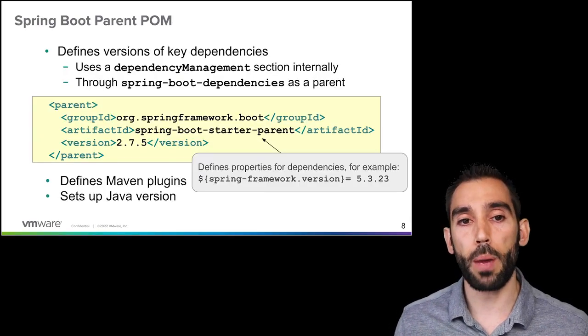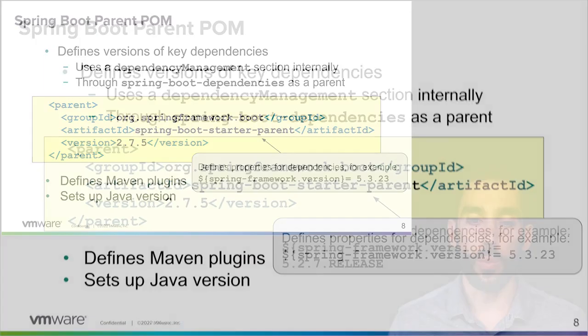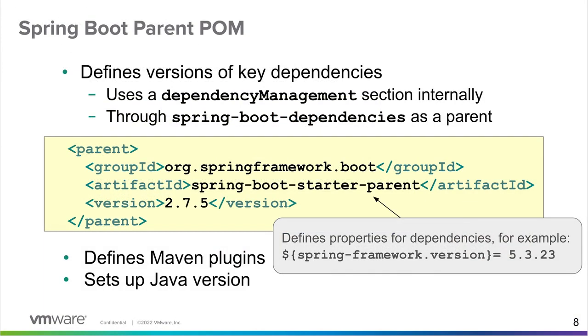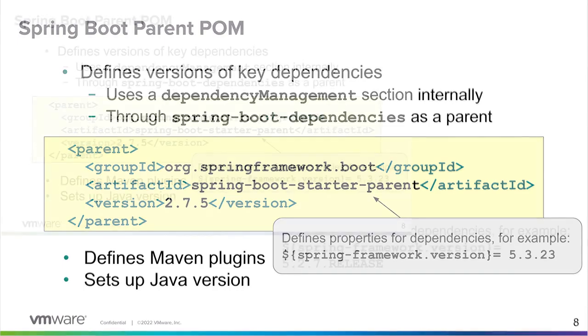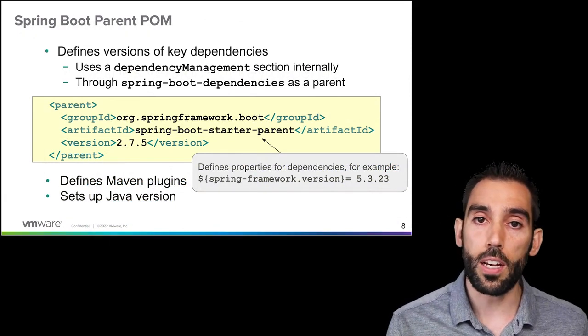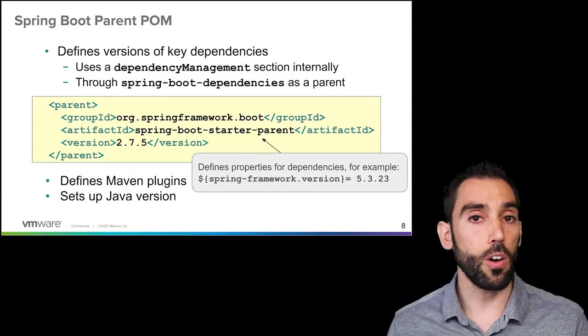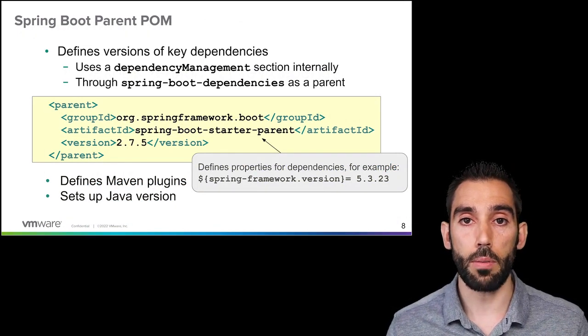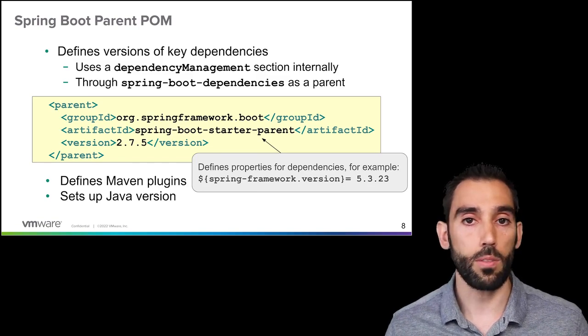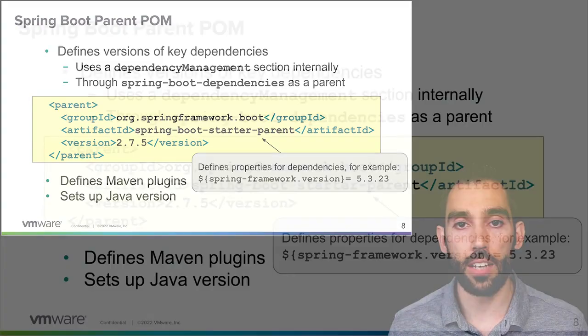This is the Spring Boot parent POM file. As you see here, we define the Spring Boot starter parent, and that's where we define the version of Spring Boot, 2.7.5. If you go inside this POM file, you'll see a lot of properties that define or set the versions of all the libraries that are supported, not only from the Spring ecosystem, but also other libraries that are really common in the Java ecosystem, like Hibernate or Tomcat or Jackson.